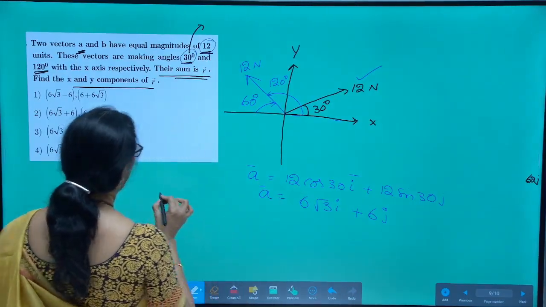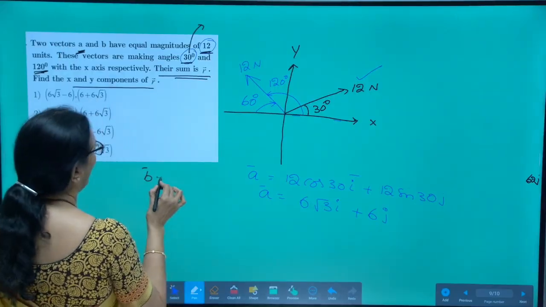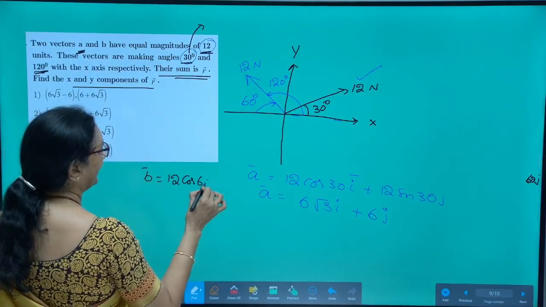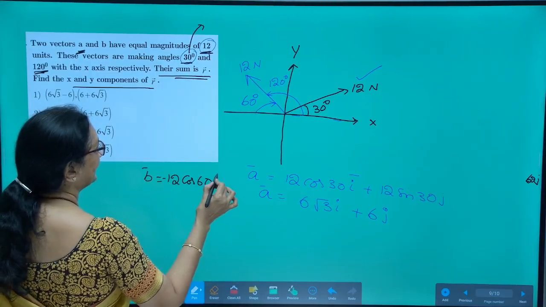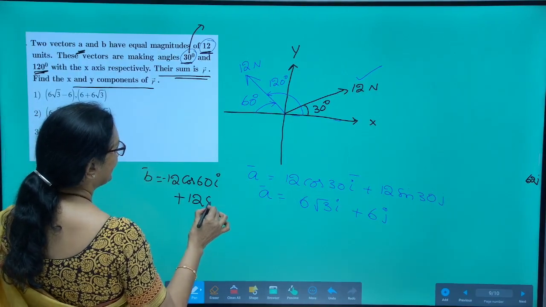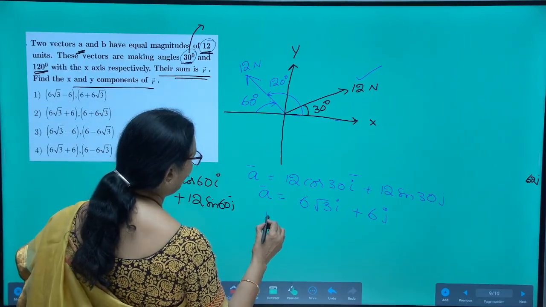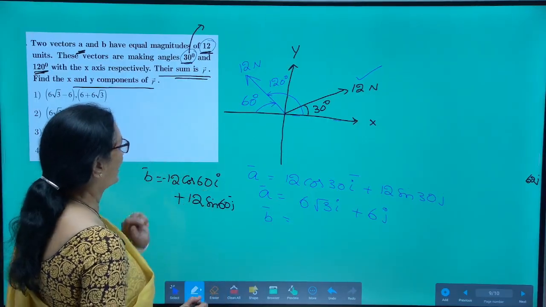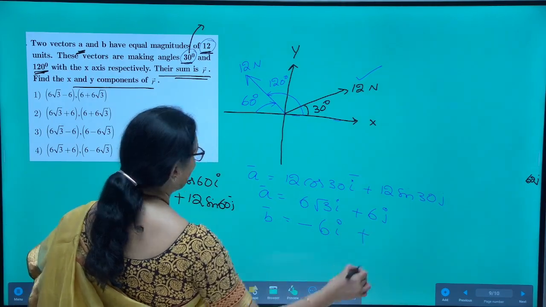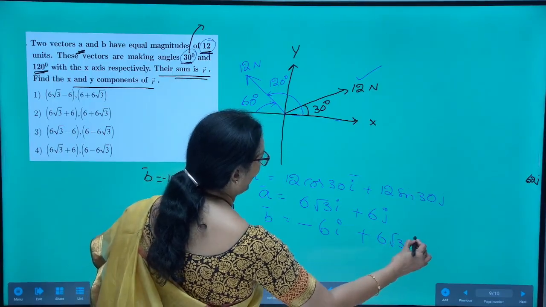Similarly, let us write B bar. Its component along x-axis is 12 cos 60, but along negative x-axis, minus I bar, plus 12 sin 60 j bar. So B bar is, cos 60 is half, so minus 6i, and sin 60 is root 3 by 2, so 6 root 3 j bar.